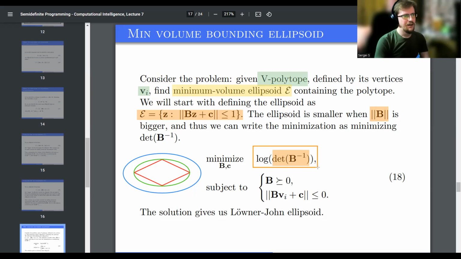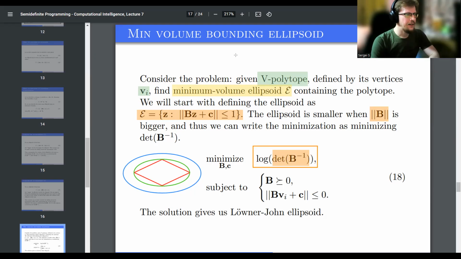The determinant is a crazy function, and the logarithm is also a little bit crazy, but the logarithm of a determinant of an inverse is a convex function. That is the interesting world in which we live, right?